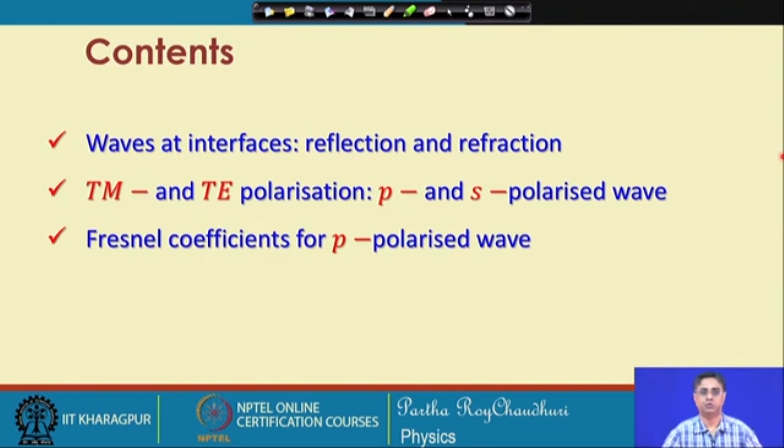can have two different configurations or an admixture of both the configurations, and we will call them the TE and TM polarization or the S and P polarized wave.